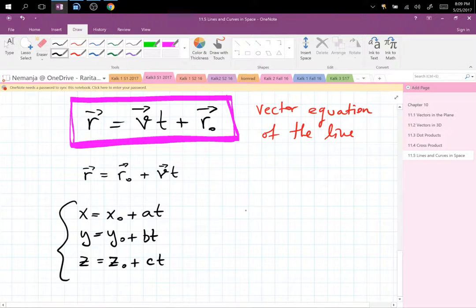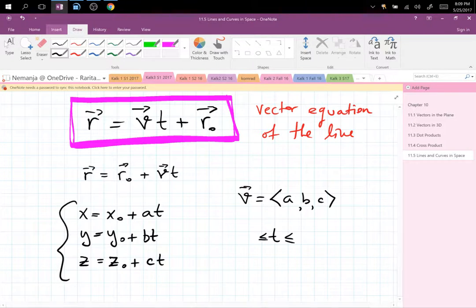We also denote that vector v, which is the slope vector, in quotation marks, is ABC. So this is the one that determines the steepness, the direction of your line. And then you also have the parameter t, which you can regard as time, which could be finite for line segments or infinite. I can't use the equal signs because I want to go from negative infinity to positive infinity, in this case, for infinite line.